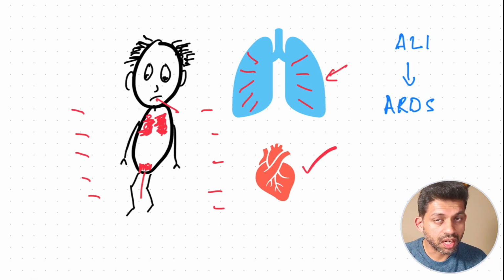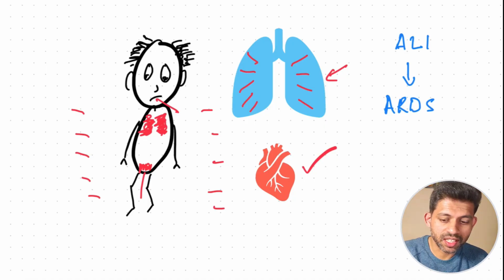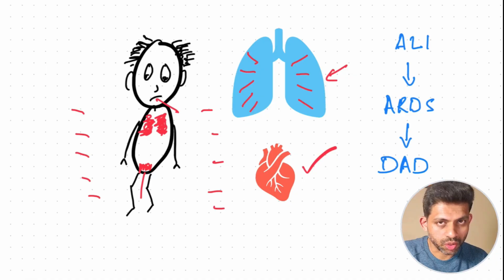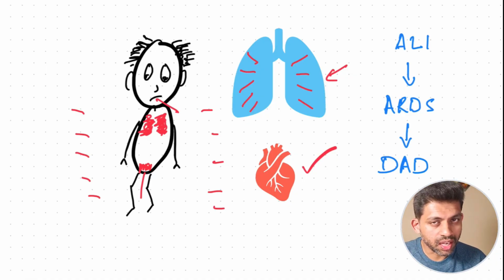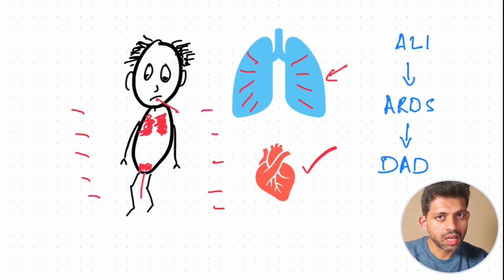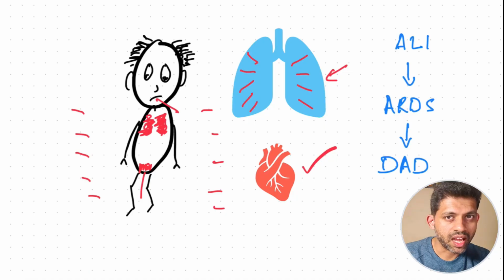The histological or microscopic features of this condition is called diffuse alveolar damage. So, acute lung injury is the basic pathological process, ARDS is the clinical feature, and diffuse alveolar damage is the microscopic feature. All three are basically the same disease.